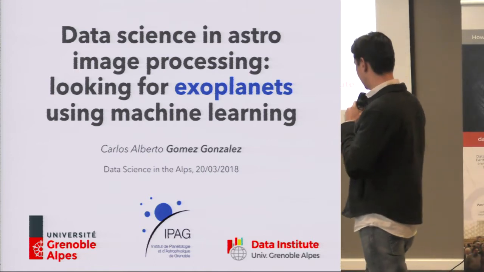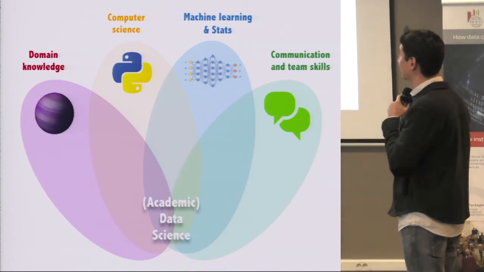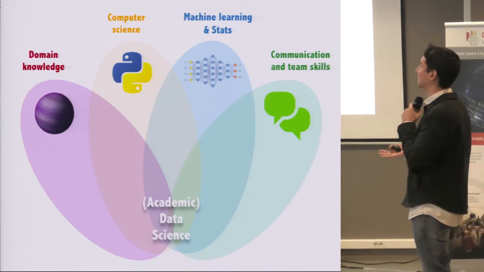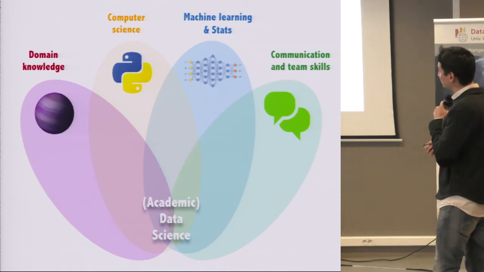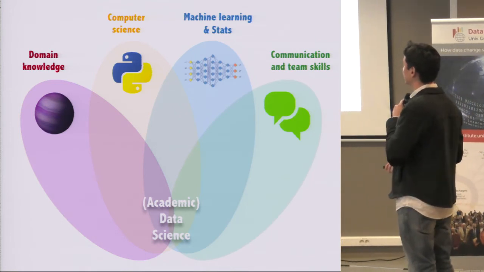So let's first start with this. It's my own spin of a Venn diagram for data science, and it will also serve as the outline of the presentation.